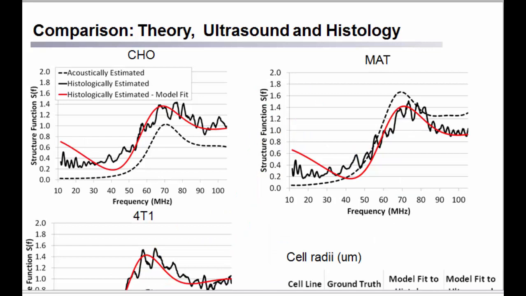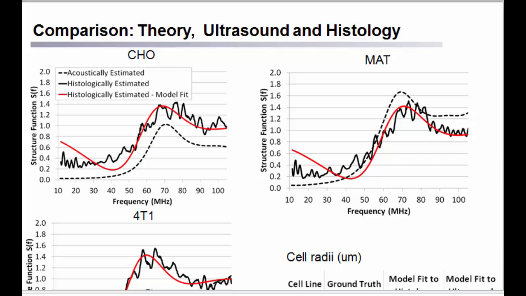So finally, we compare the theory, ultrasound measurement, and histology. For the CHO cell line, what is plotted is the structure function versus frequency. We have acoustically estimated in dashed line, and we have histologically estimated in the dark solid line, and then we fit the histologically estimated curve to polydisperse theory.